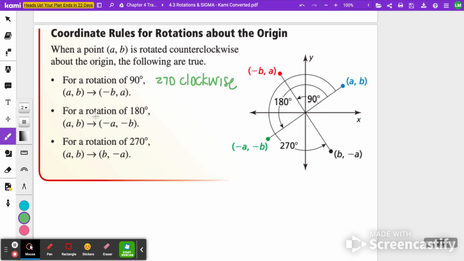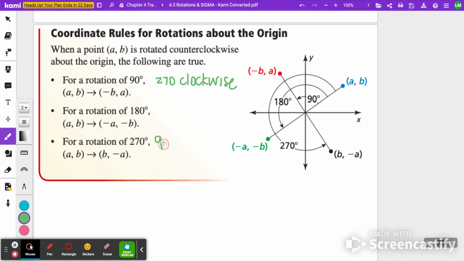Okay. For 180 degrees, both x and y coordinates are just going to change to their opposites. So if they're positive, they're going to change to negative. If they're negative, they'll change to positive. 180 degrees counterclockwise is also the same thing as 180 clockwise, so both of these would work. But for 270 degrees counterclockwise, you're going to switch b and a, but a would become a negative.